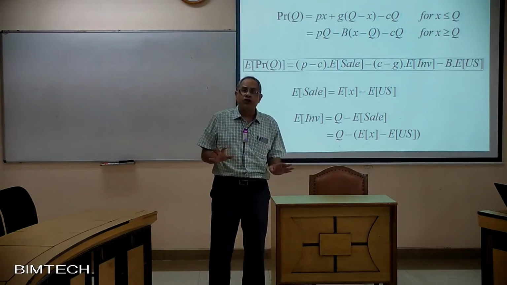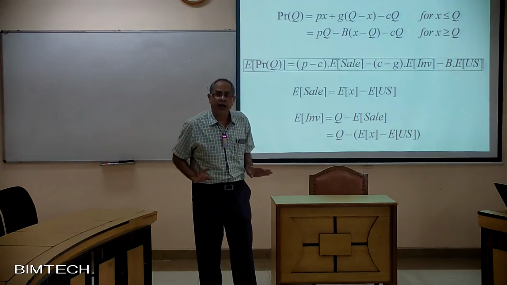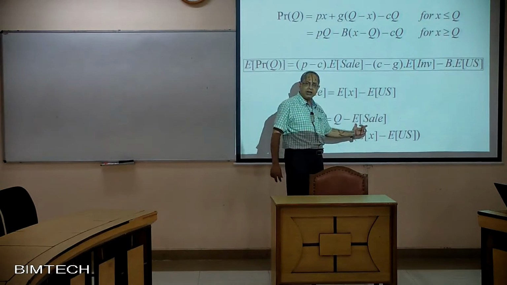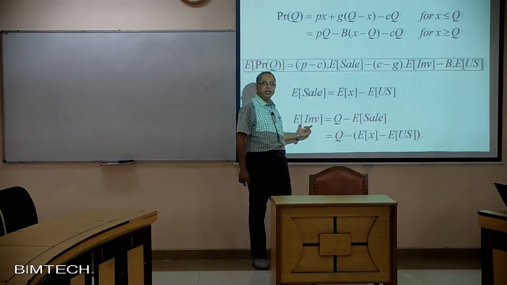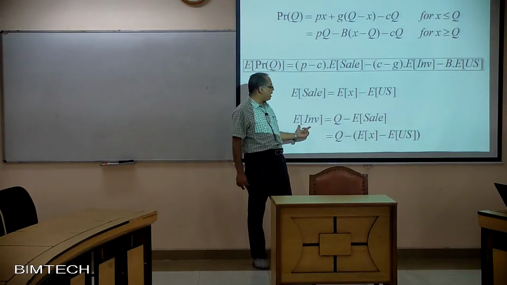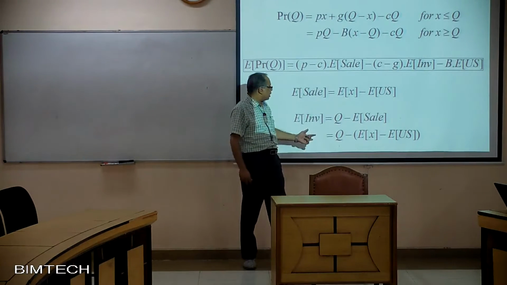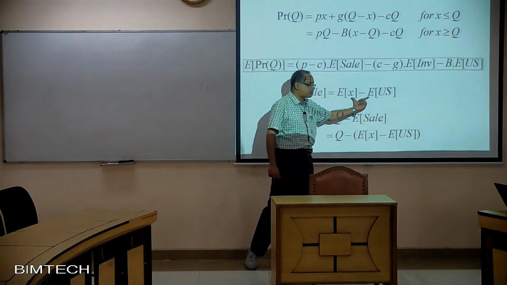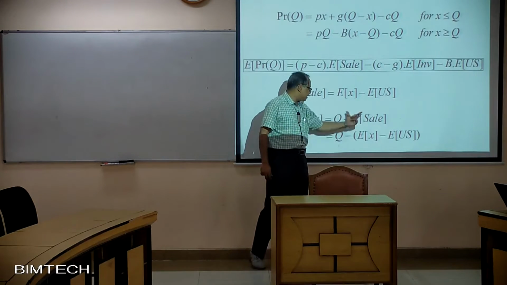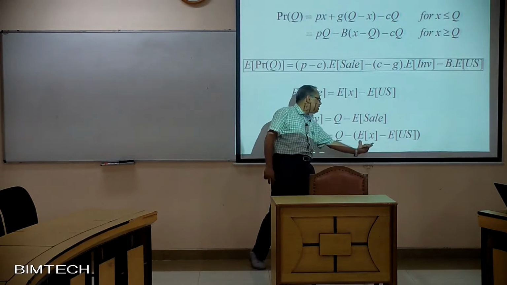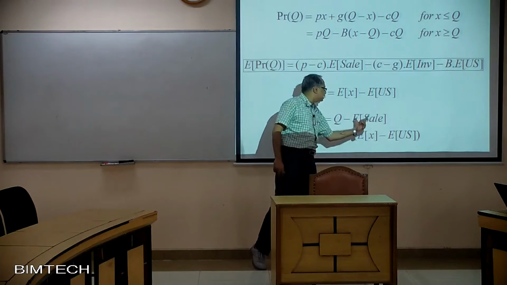Now, how much of those Q units are sold away? That is expected sale. So how much inventory should we be left with at the end of the sale? Well, Q minus expected units sold. Now, expected units sold is this. We have already done that. So therefore, my expected inventory is Q minus this value.